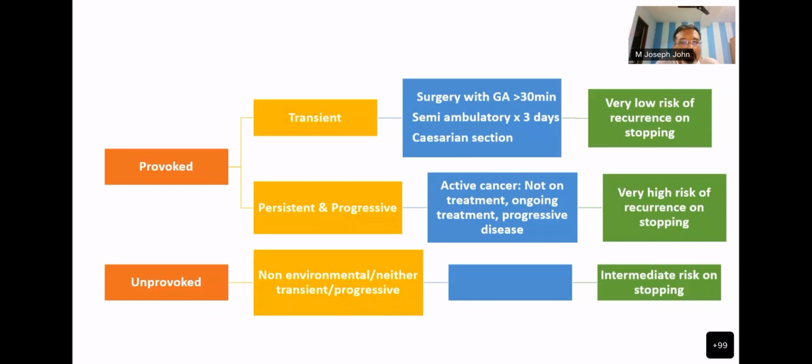Whereas if it is unprovoked, the question is now when to stop or when to start checking for thrombophilia. In a given scenario, the current thinking is that whether it is unprovoked or provoked, and if it is unprovoked especially, if there is pulmonary embolism, you need to give it indefinitely, which is lifelong.